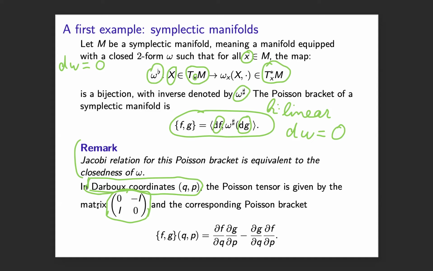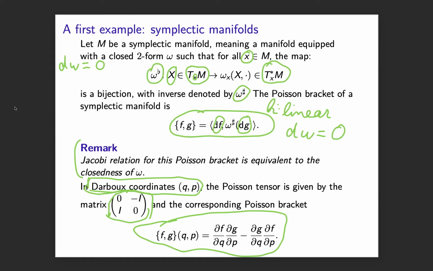All symplectic manifolds of a given dimension look the same locally because they all look like this matrix with Darboux coordinates. And then the corresponding Poisson bracket in Darboux coordinates is given by this formula. So using this formula, later on, we will recover the second law of Newton. In a way, I will tell you more precisely.